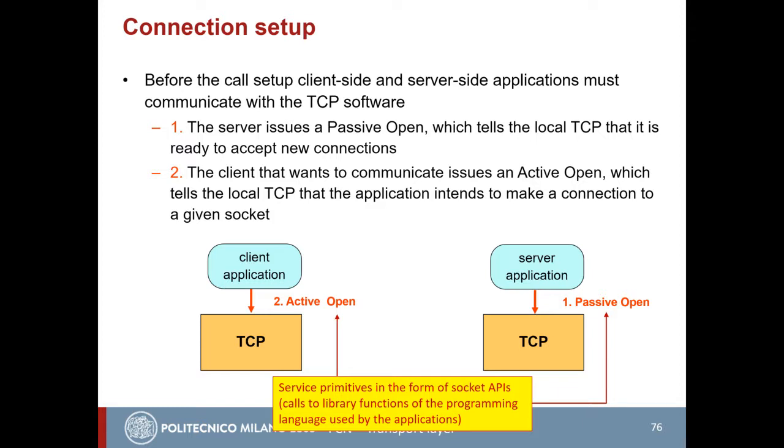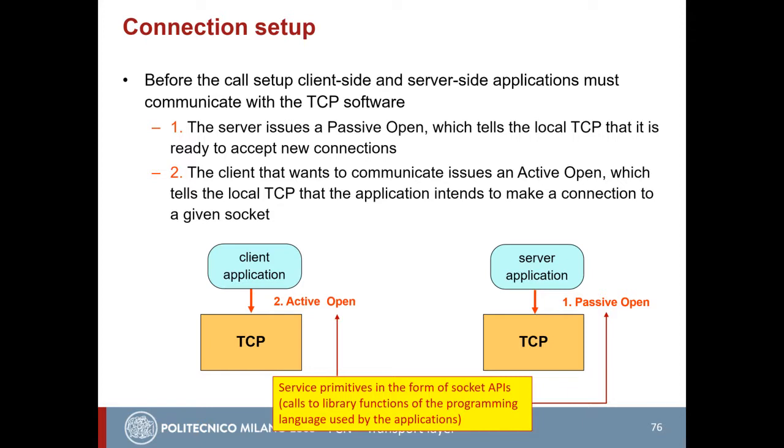In this case, the service primitives used by the applications to talk with the TCP layer are the socket APIs, application programming interfaces, that in practice are a set of library functions available when you are writing the application. In each programming language, you have this set of library functions. And the passive open, for example, is a specific procedure that the application has to invoke.